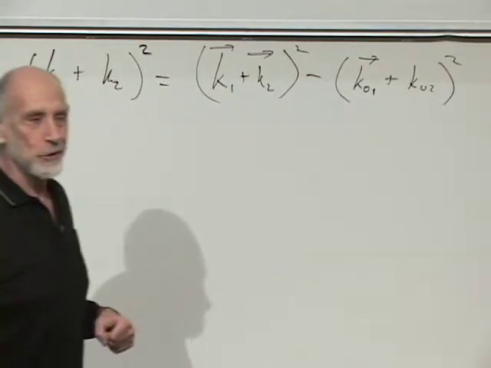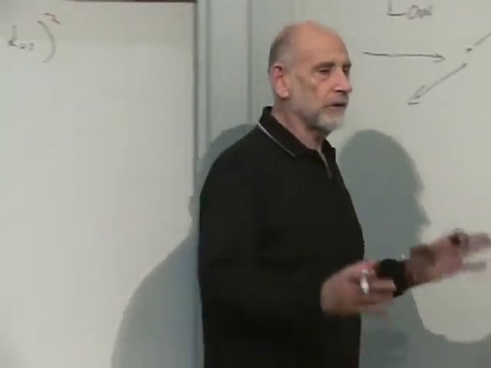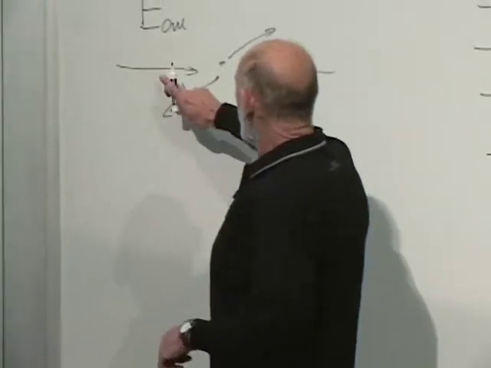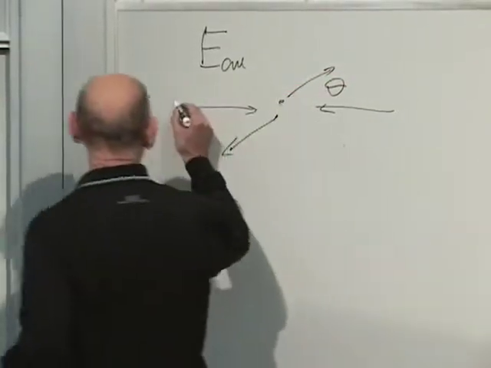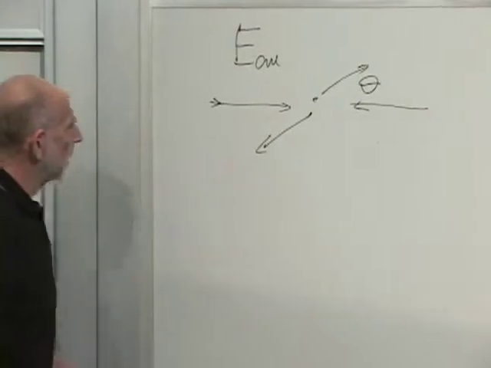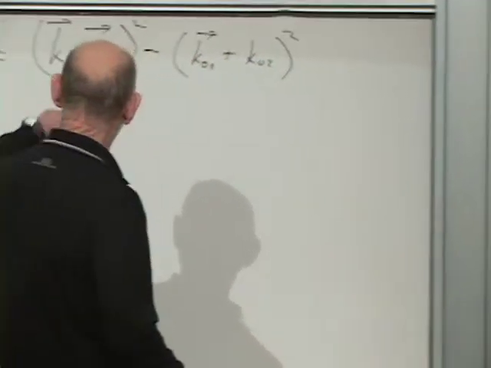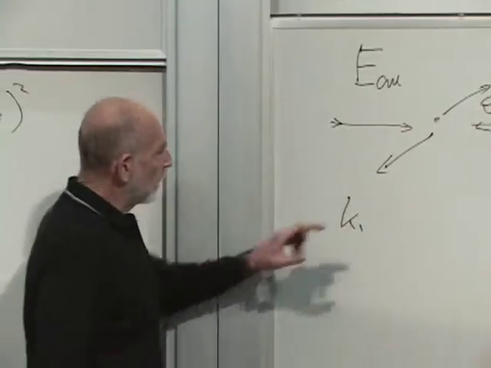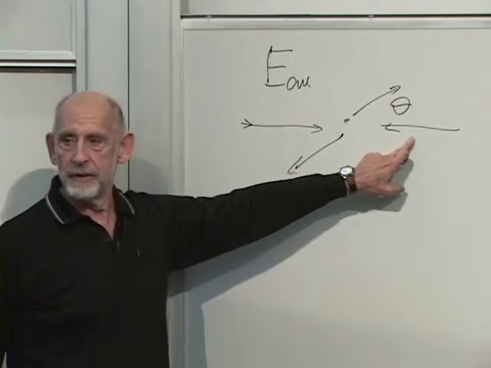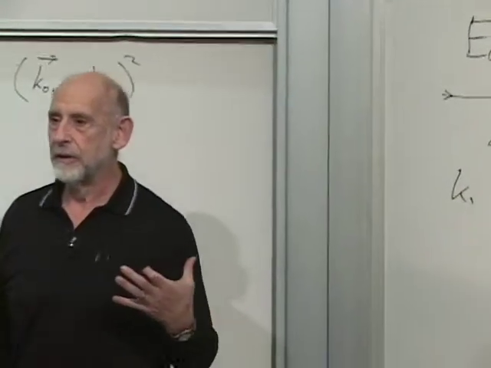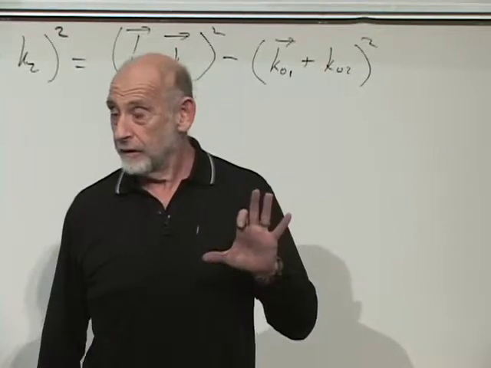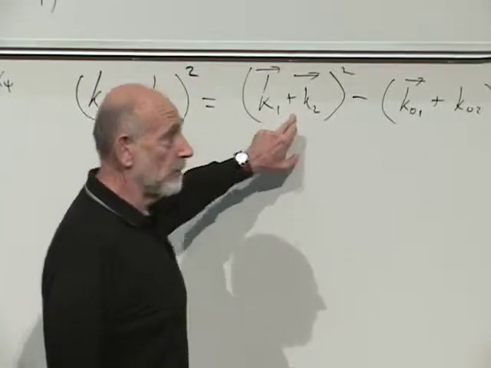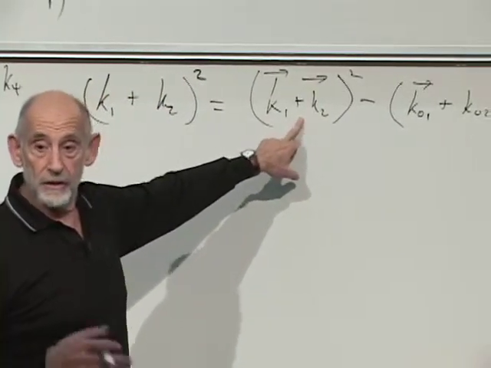Let's see if we can figure out what it is. It's an invariant quantity, so let's figure it out by going to the center of mass frame. In the center of mass frame, the momentum of this particle, well, it's K1, the space component K1. What about the momentum of this particle? It's equal and opposite, minus K1, right? So the total space component of the momentum in the center of mass frame is 0.